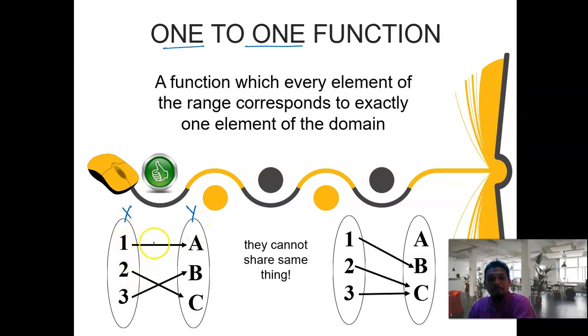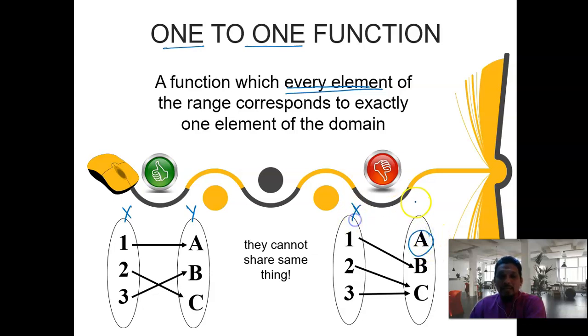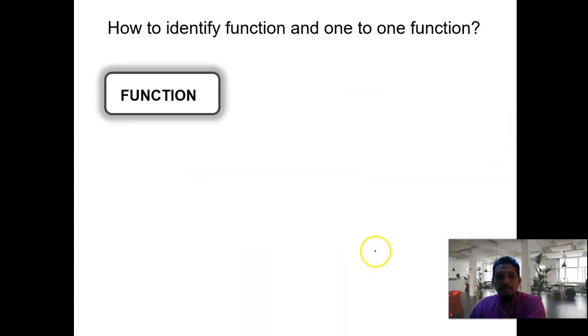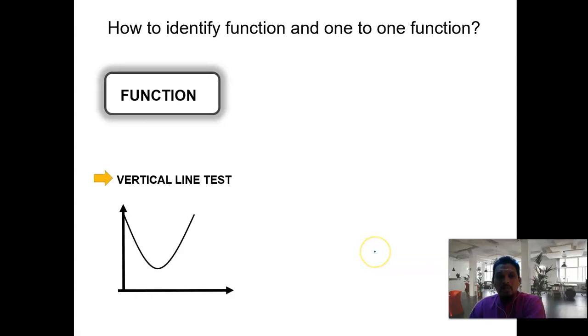Okay, but not for this one here. So there is an element of y that is not being mapped from x. So how do I identify a function and a one-to-one function?